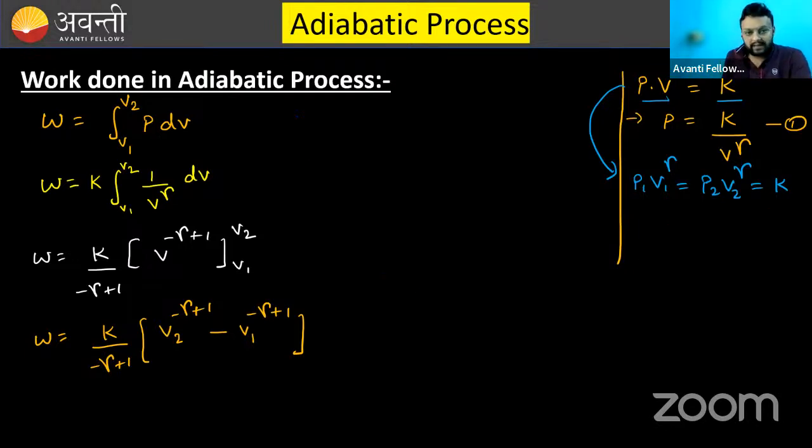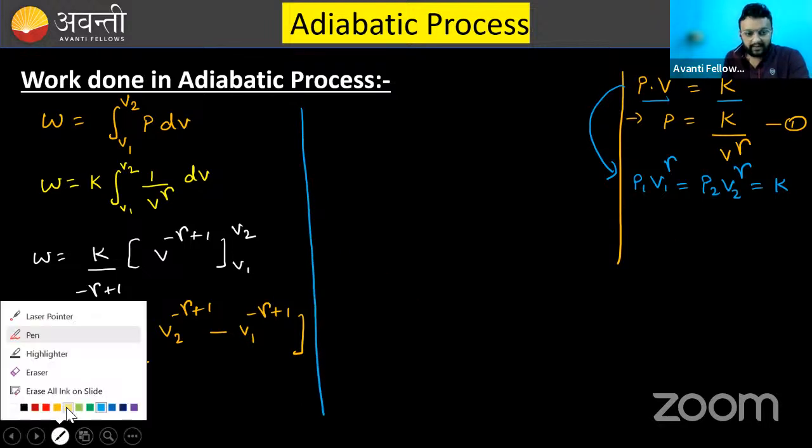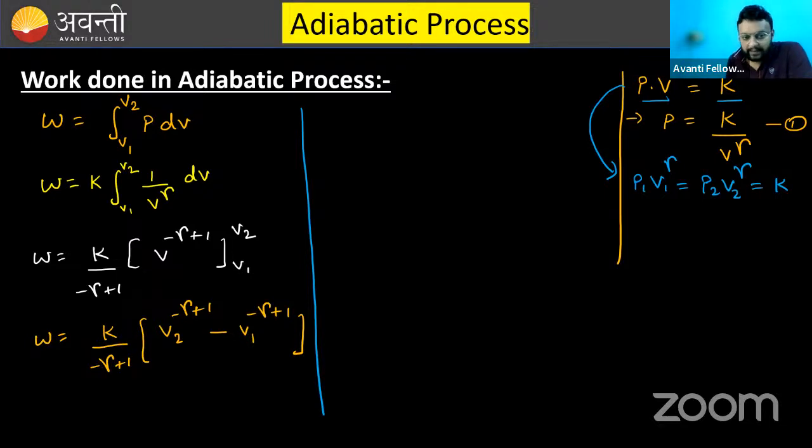Now I will multiply K inside the bracket and place the value of K from this equation. So work done will be 1 over minus gamma plus 1. I am multiplying K. And what is the value of K? K has two values. When there is V2, I will put the value related to V2. So what will it be?